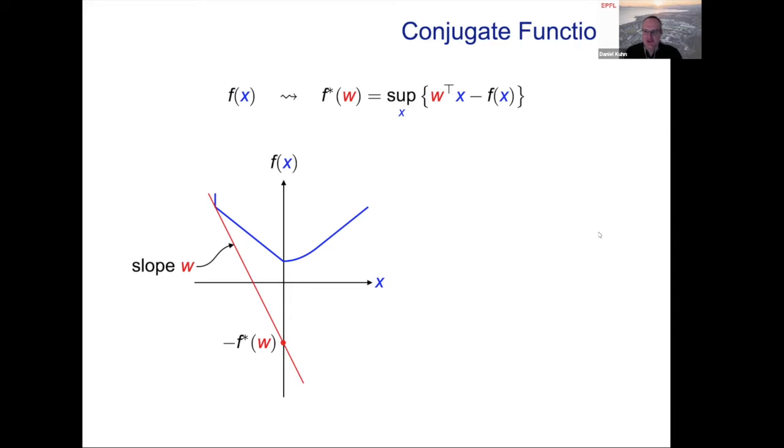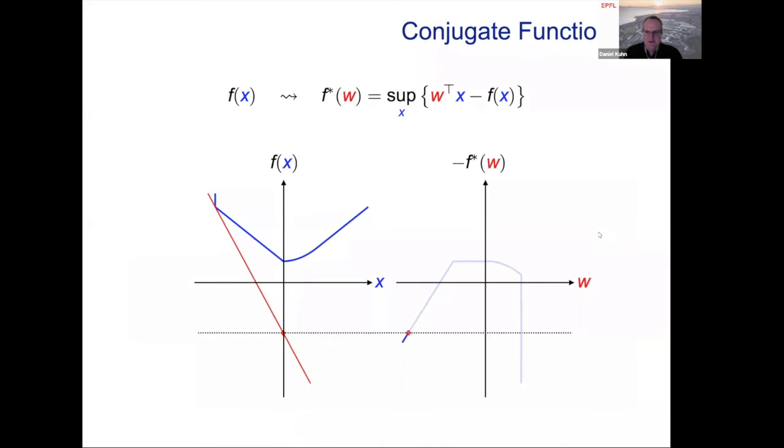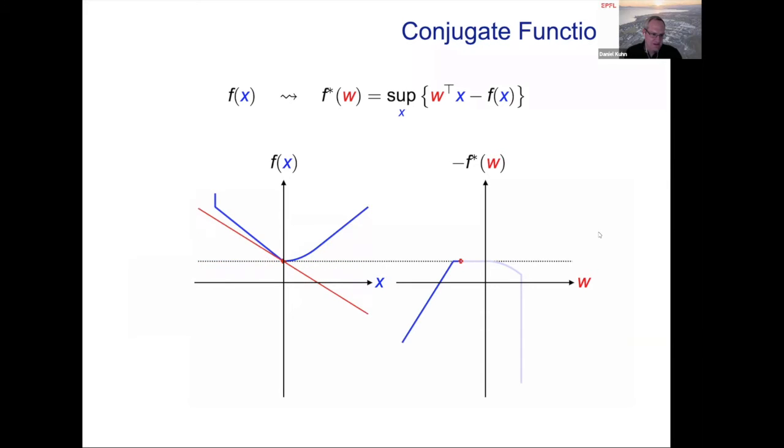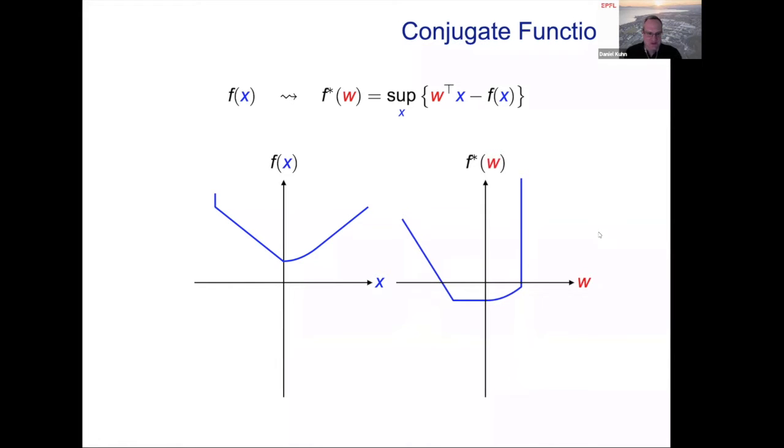Geometrically, the conjugate of f evaluated at w then coincides exactly with the negative intercept of this tangent. As we increase the slope w of the tangent, the intercept of the tangent traces out the negative conjugate of f, shown in the chart on the right-hand side. It just remains to flip the resulting graph upside down, and as you can see, convexity is clearly preserved under this transformation.